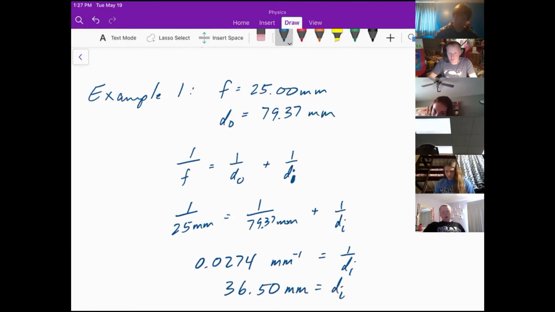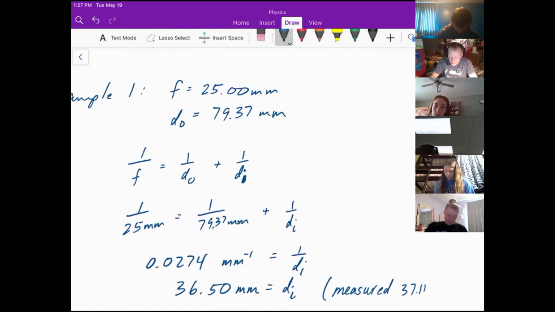Checking back at my measured value, pretty close. I measured 37.11 millimeters. Probably doing it quickly like that, I goofed up just a little bit on an angle, and that happens.